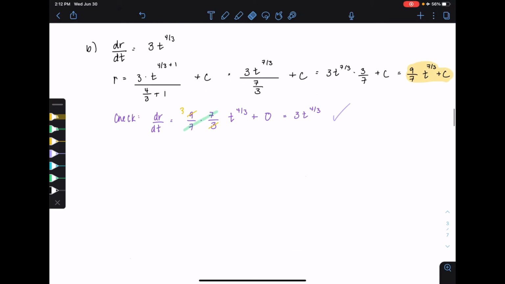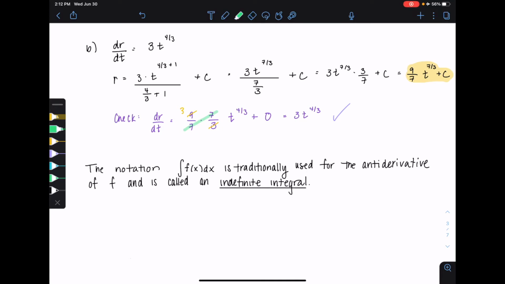Just like we have this prime notation and this d over dx to indicate take a derivative, the notation where you have this kind of s-looking thing with the function and with this variable at the end is traditionally used for the antiderivative of f. And this is what's called an indefinite integral.